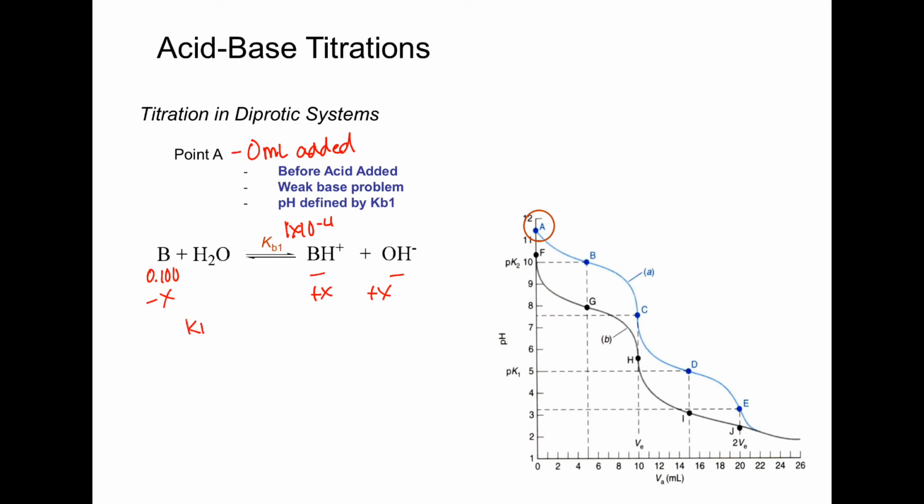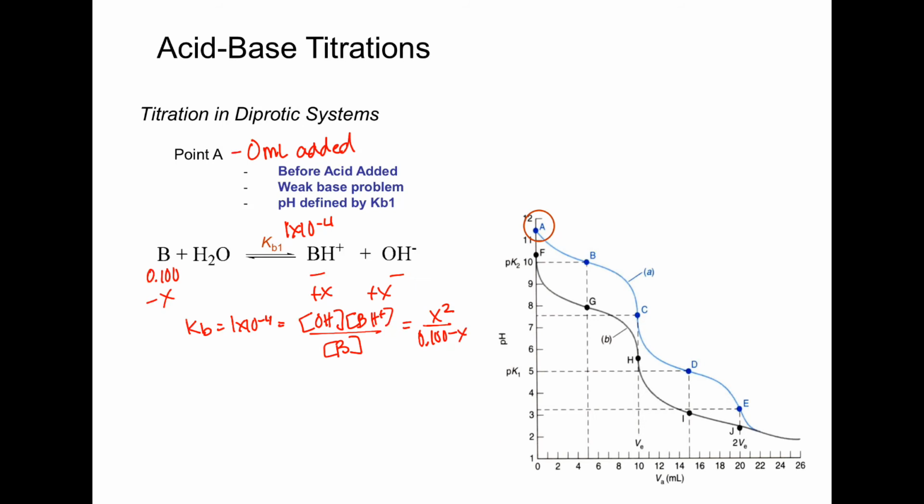We say that the Kb, which is 1 times 10 to the negative 4, is equal to hydroxide times the protonated form of the base, over the base concentration. So that would be x squared divided by 0.1 minus x.